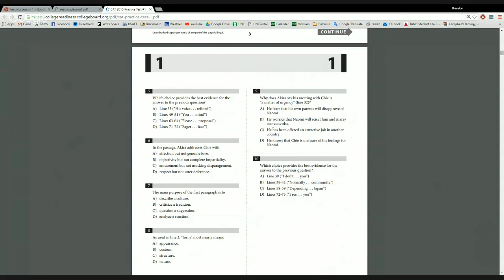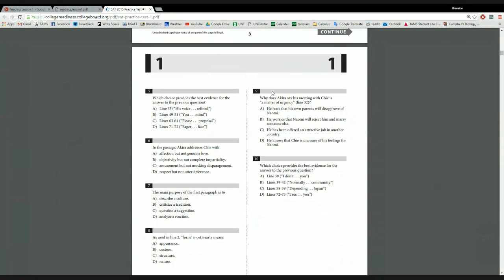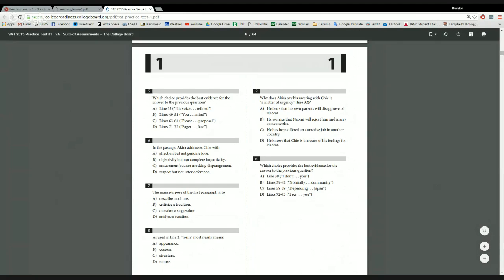Okay, we answered 7 and 8 before we read the passage. And 9. Why does Akira say his meeting with Chi is a matter of urgency? So we refer back to line 32.